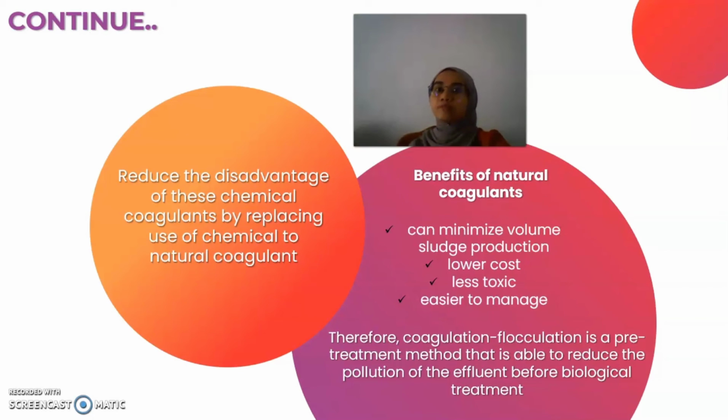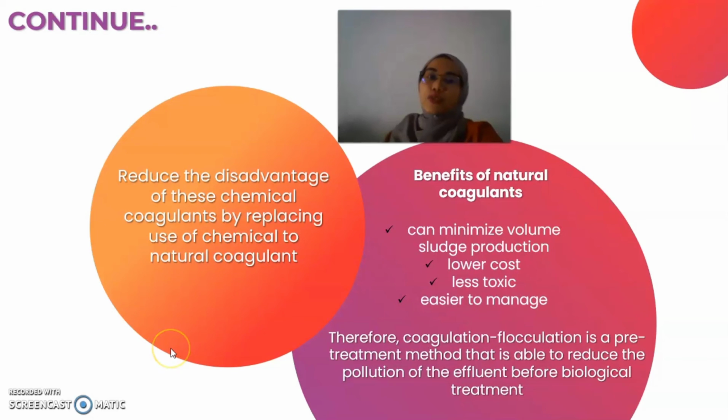The remaining coagulated sludge of POME can be further treated in the anaerobic digestion process, the biological treatment. So these are the challenges faced by the palm oil industry. Next we will proceed to the conclusion.